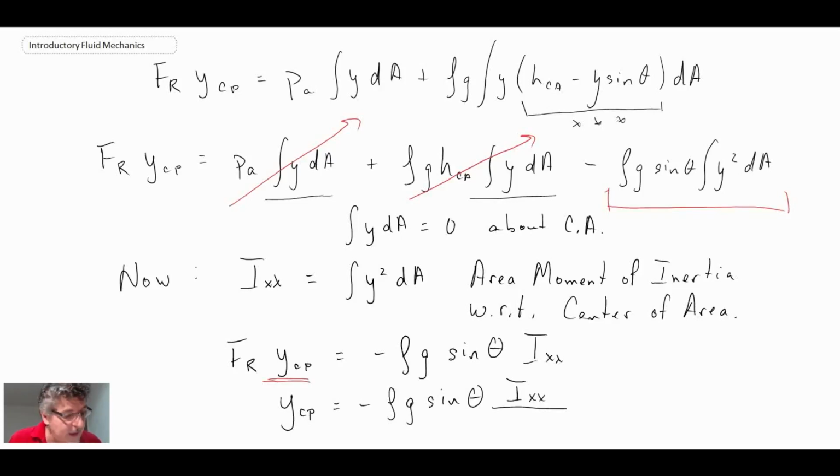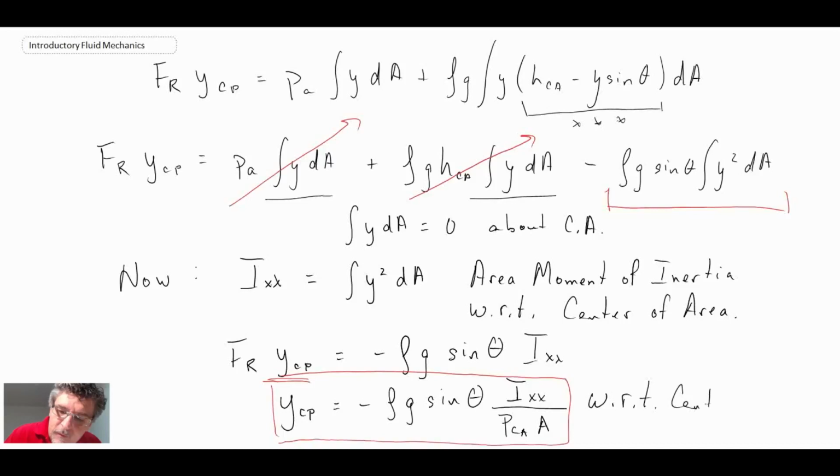And if you look back in the last lecture segment, what we said was that that was equal to the pressure at the center of area multiplied by the area of the plate. And consequently, this then becomes the y coordinate of the center of pressure with respect to the center of area of the plate. So that's the y coordinate.